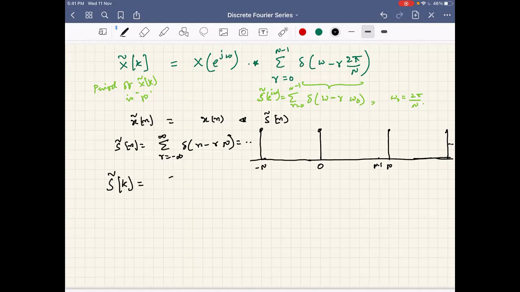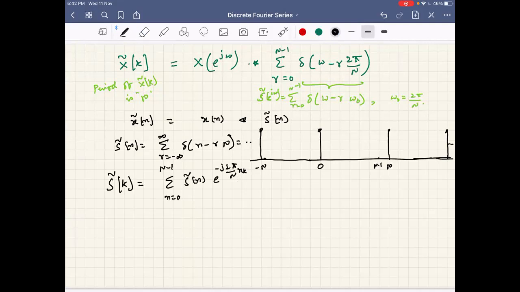So we have seen that s tilde of k is the sum of s tilde of n times e to the power minus j 2 pi by N k, with n ranging from 0 to N minus 1. If we take only 0 to N minus 1 samples, which are the samples that come in?